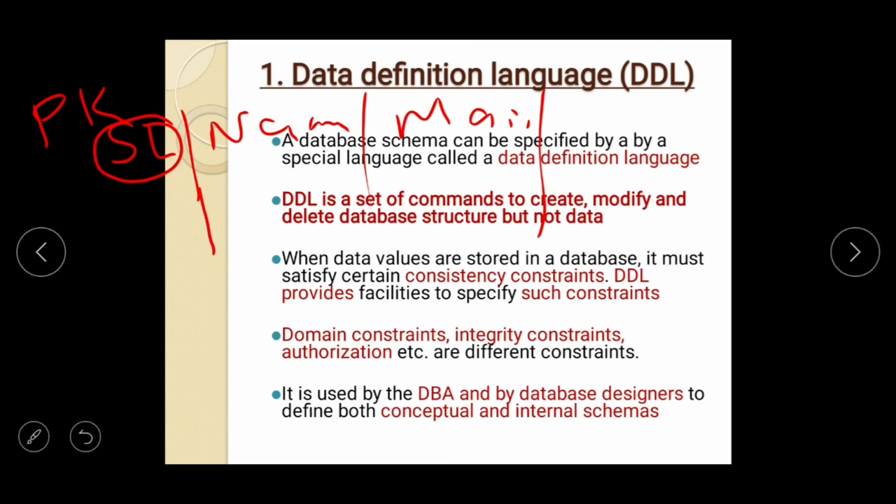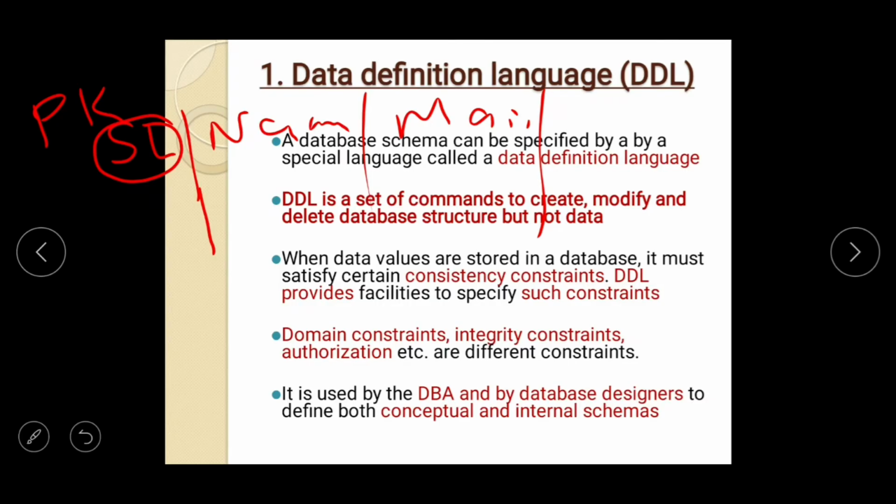What do you mean by primary key? A primary key is a key that is used to identify a particular record uniquely. Suppose roll number 1 in S4 CSE means only one person will be there. Roll number 2 means only a single person will be there. So using a roll number, we can uniquely identify a particular record. That is called a primary key.